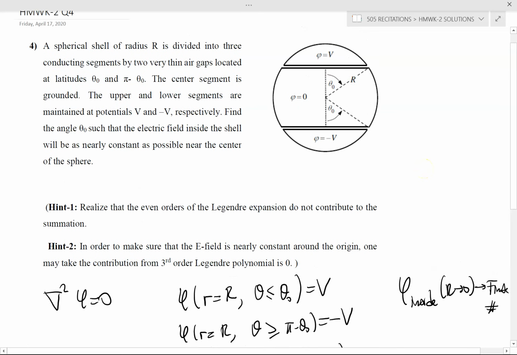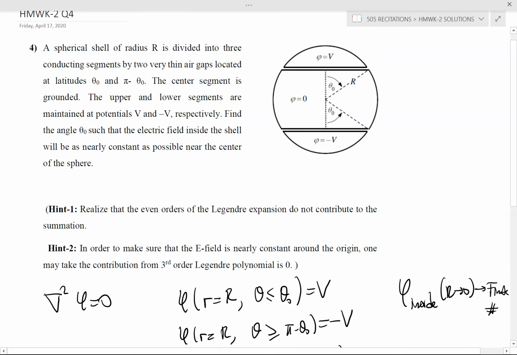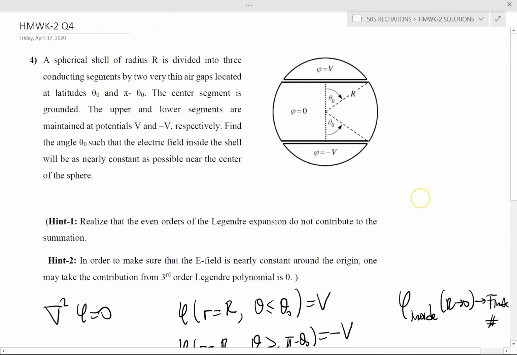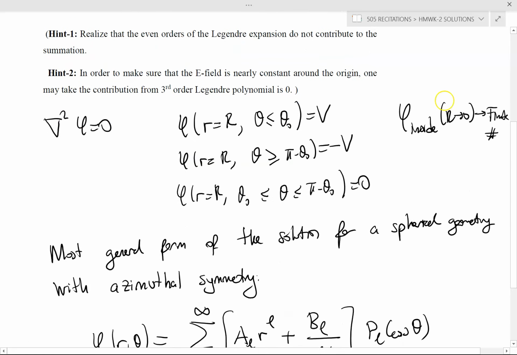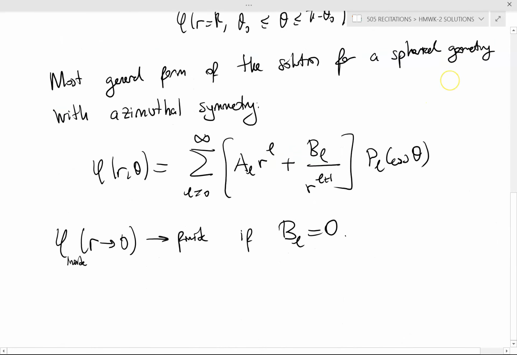So we would like to find such a potential function that its derivative around the origin is almost given as a constant. It shouldn't depend much on r, or much on theta. That is the idea.